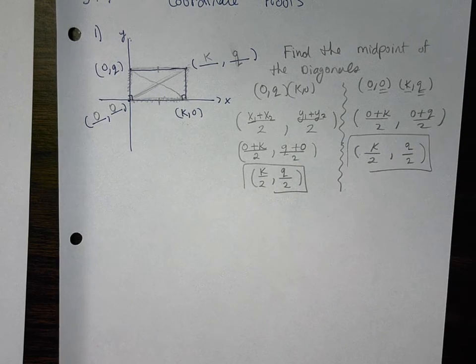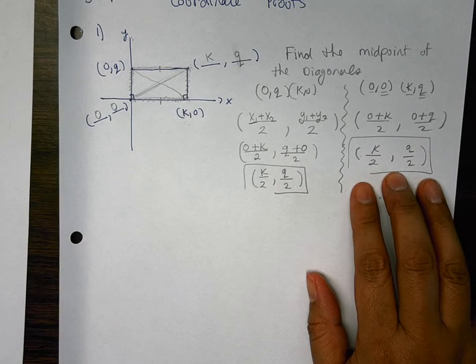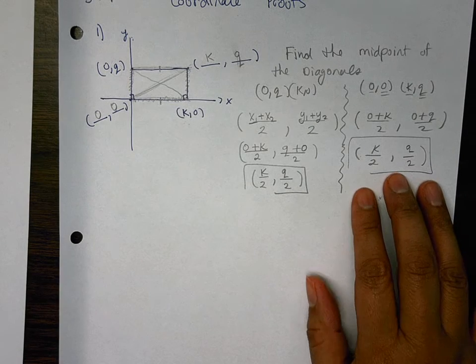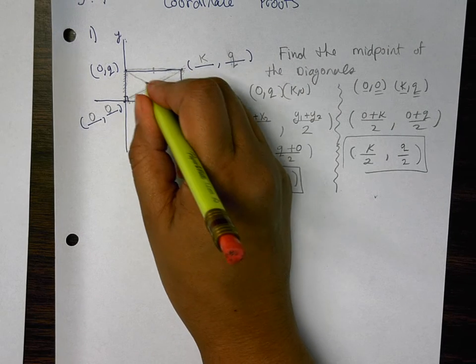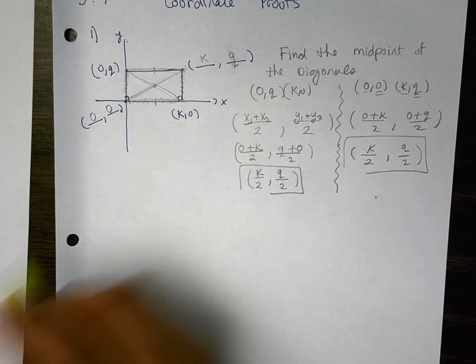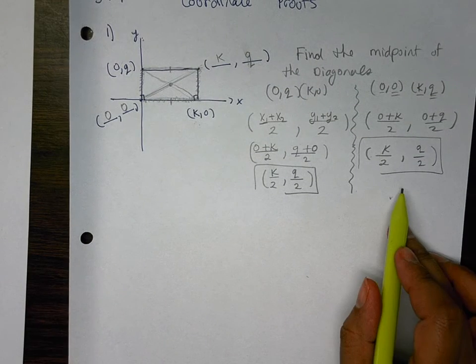Those are my midpoints. Did they come out to be exactly the same? Yeah. Why is that? Because in a parallelogram, what do diagonals do to each other? Bisect means they cut each other right in half. So if they cut each other in half, should the midpoints come out to be the same?